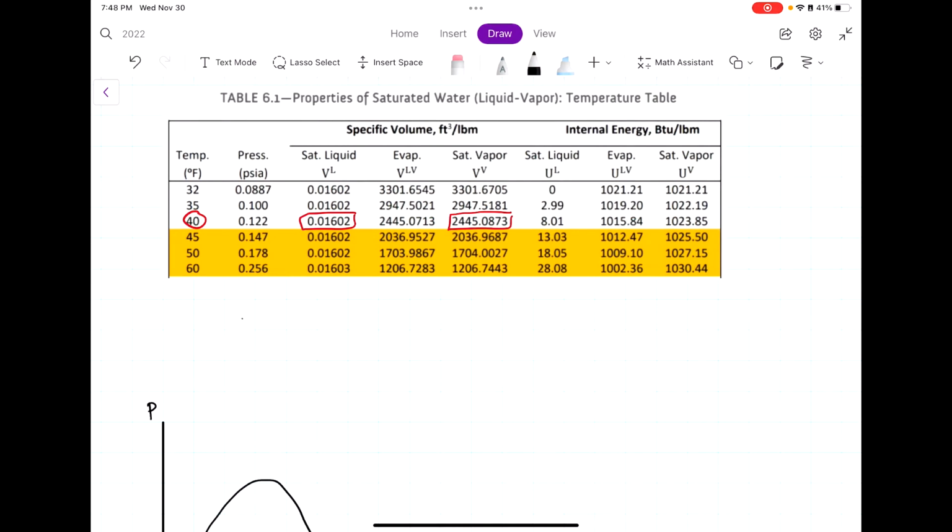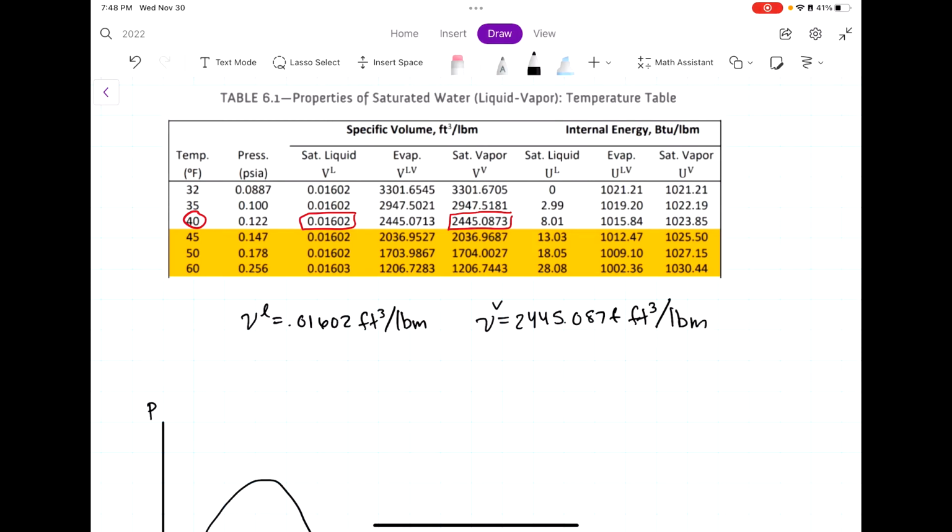So the saturated liquid volume is 0.01602 feet cubed per pound mass, and the specific volume of the saturated vapor of water at 40 degrees Fahrenheit is 2,445.0873 feet cubed per pound mole.